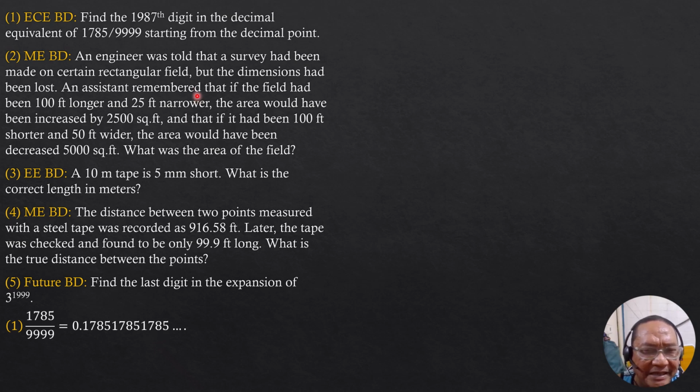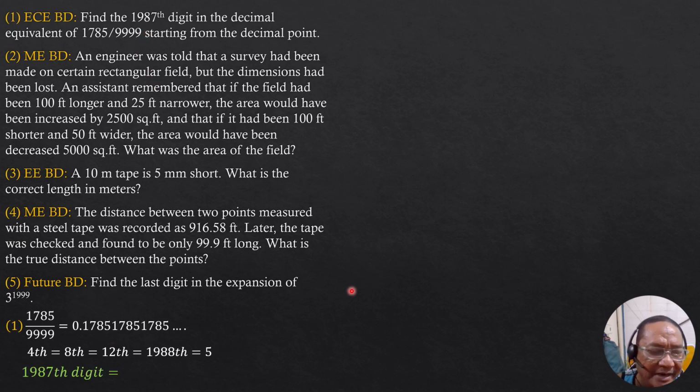So 1987 is not divisible by 4. It is 1988 that is divisible by 4. So the fourth equals the 8th digit, the 12th digit, the 1988th digit, which is 5. So the 1987th digit therefore is equal to 8. So our answer, the 1987th digit is 8.